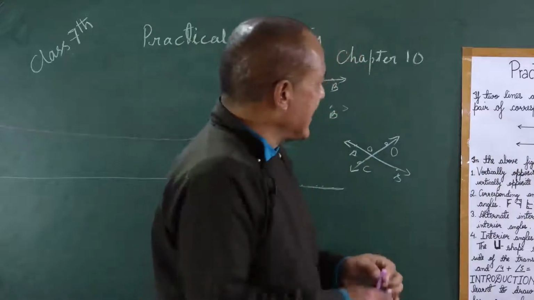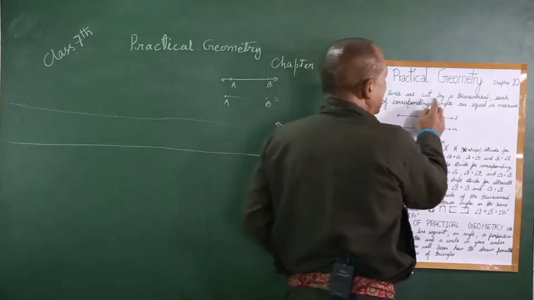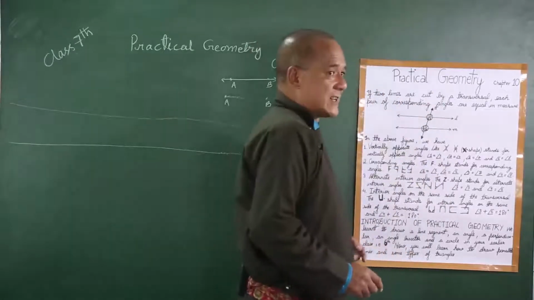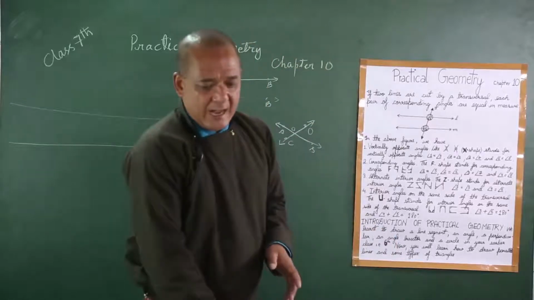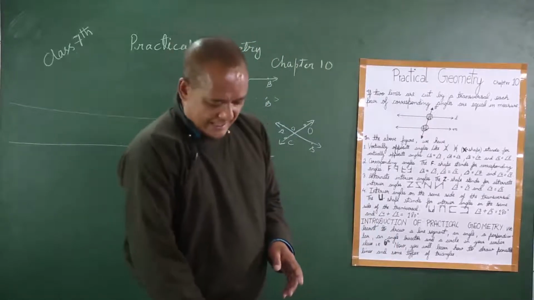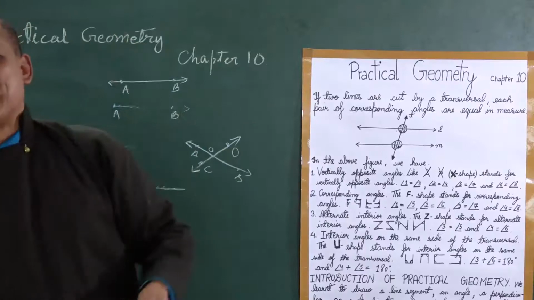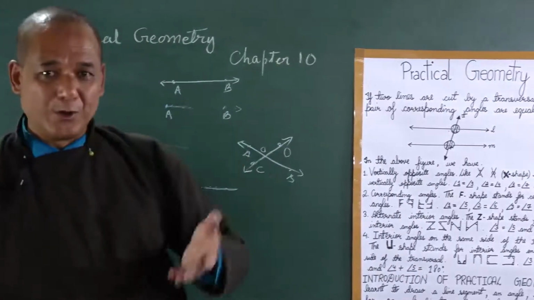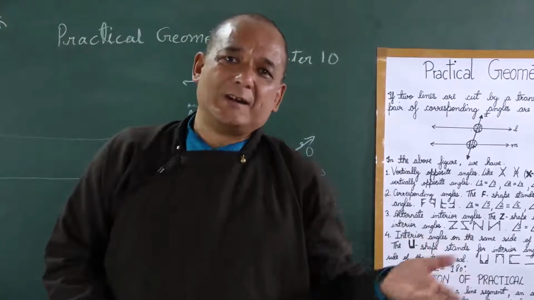So here it says, if two lines are cut by a transversal. What is a transversal? A transversal is a line which cuts one, two, or three lines.